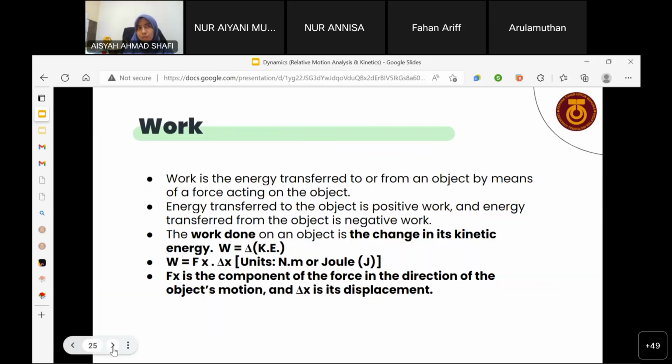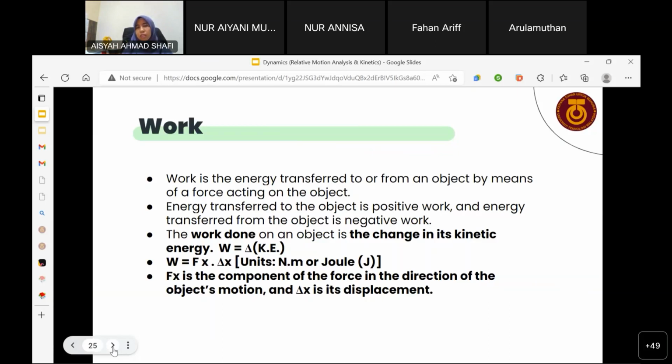This means work is the energy transfer to or from an object by means of a force acting on the object. Energy transferred to the object is positive work, and energy transferred from the object is negative work.